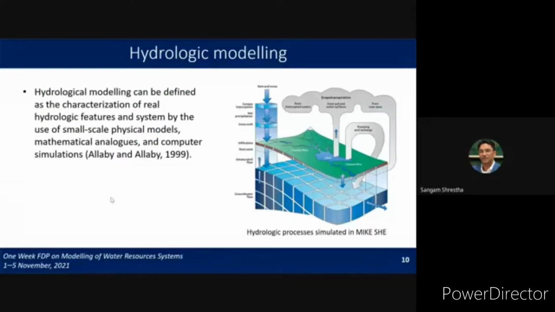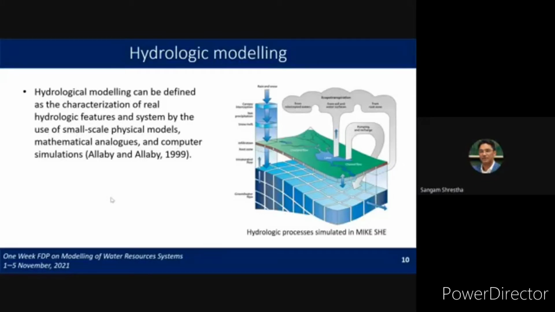Since the faculty development program is itself on water resources systems modeling, I think there will be several lectures on the hydrological models or hydrological modeling. But I just want to define the meaning of hydrological modeling here.